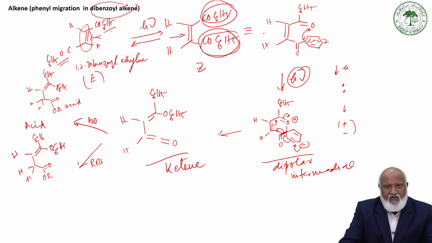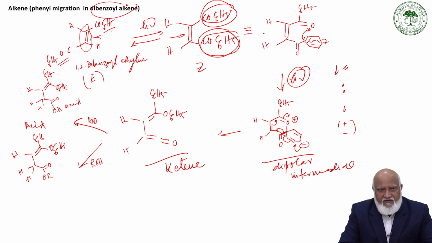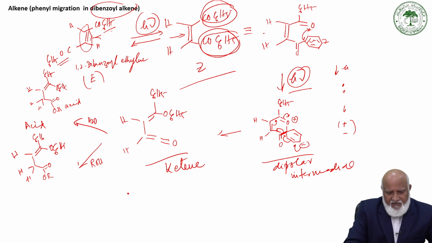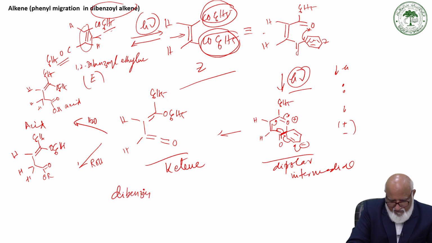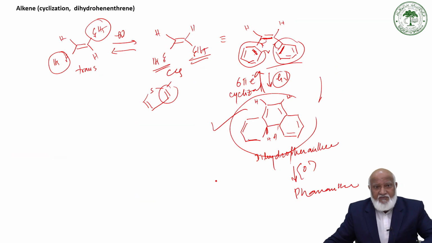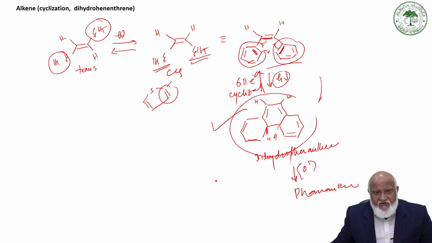The dibenzoyl alkene rearrangement takes place when a trans dibenzoyl alkene in the presence of light goes to a cis dibenzoyl alkene, or Z isomer, and which in the presence of light undergoes a rearrangement, and this rearrangement is called the dibenzoyl alkene rearrangement.